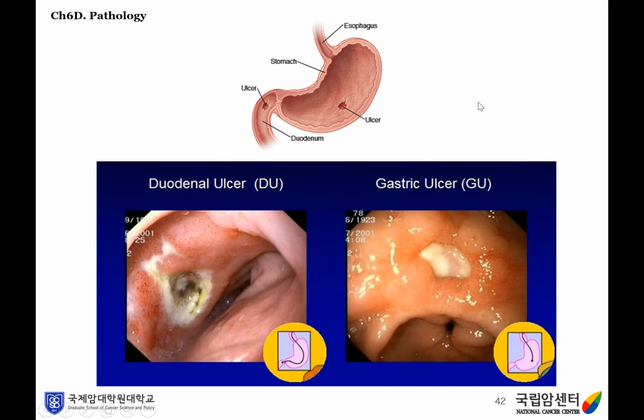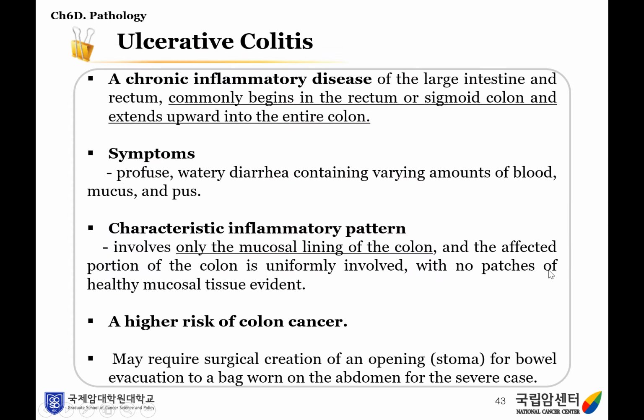Here, you can see the lesions of duodenal ulcer and gastric ulcer. As you can see here, there are yellowish materials which are exudates from the inflammation of the mucosa, and the mucosa is depressed. These are called ulcers. And also there is ulcerative colitis.